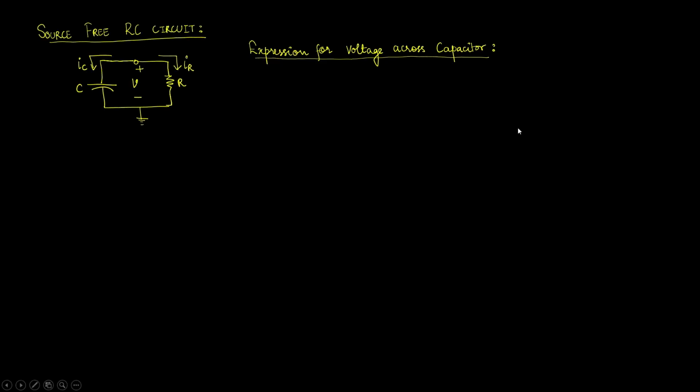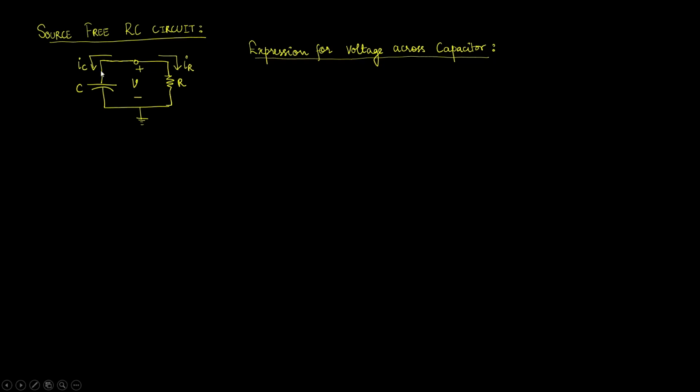Here is a source-free RC circuit, achieved because we have disconnected the source. Let us consider the voltage across the capacitor as V, the current flowing through the capacitor as IC, and the current flowing through the resistor as IR.